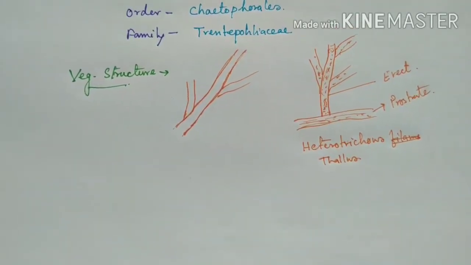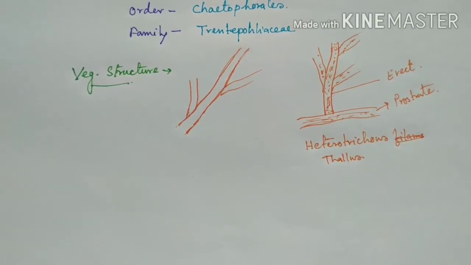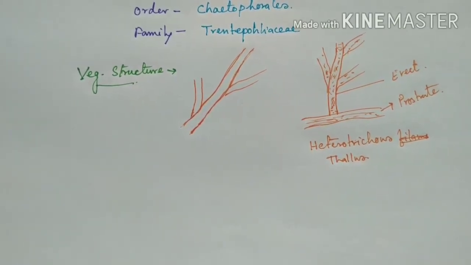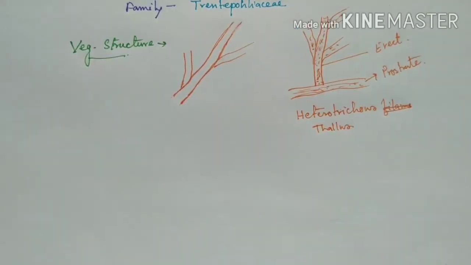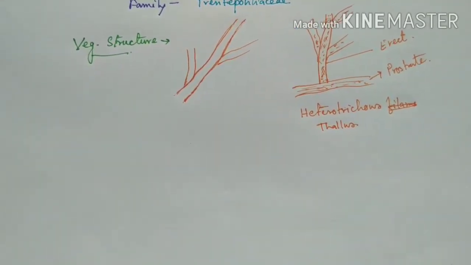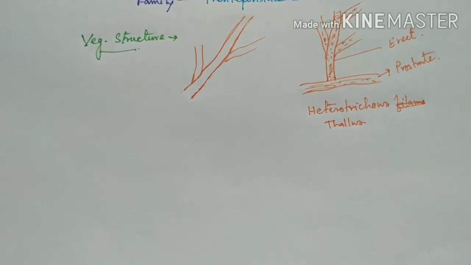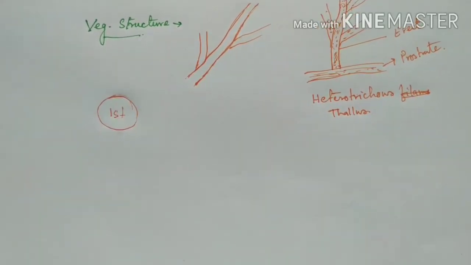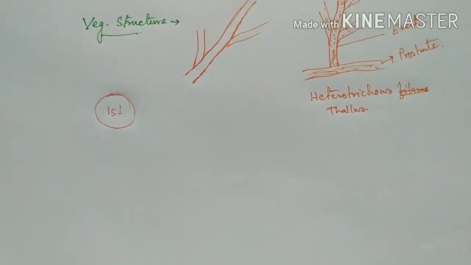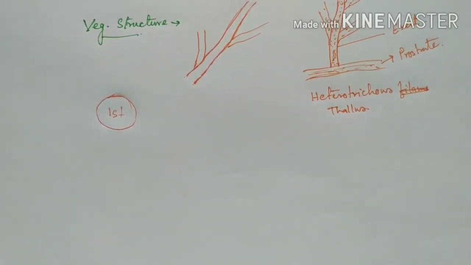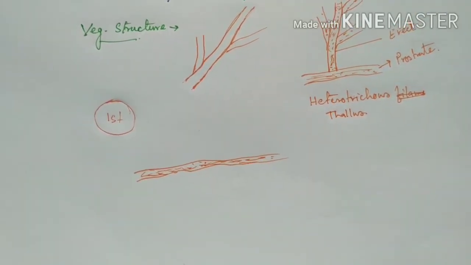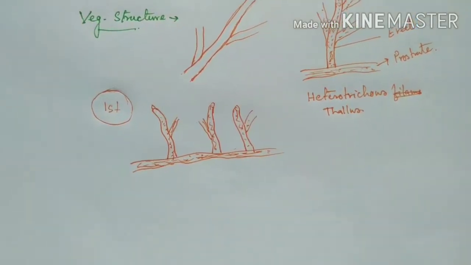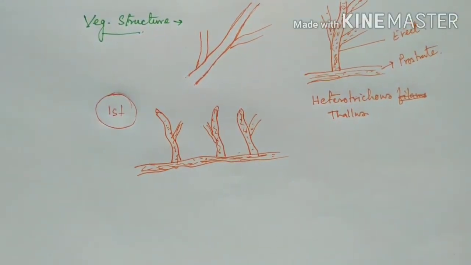In the case of Trentepohlia, both types of filament are developed unequally. So there are two cases. First, the prostrate filaments are more extensive than the erect branches, so the prostrate filaments are longer than the erect filaments.